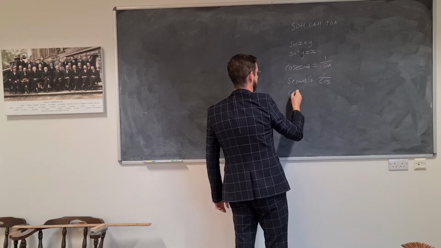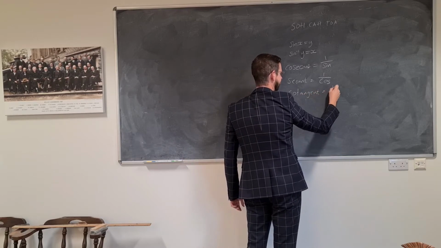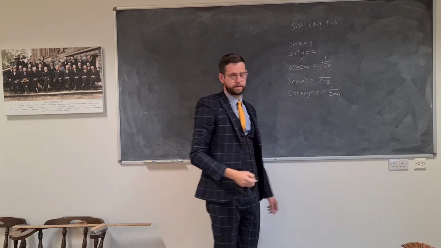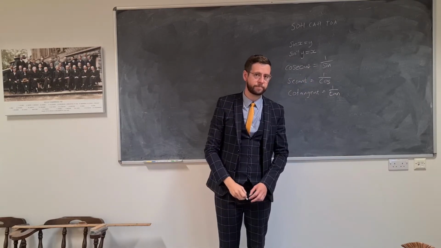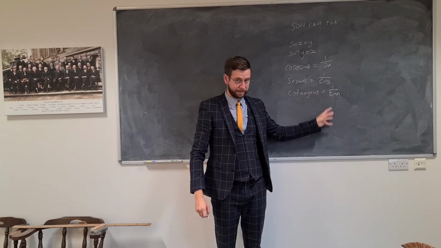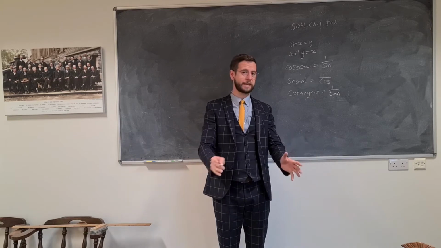And we have cotangent, which is 1 over tan. Each of these is a function in its own right. It's important that we know the names of those, because very soon these will be important to us.